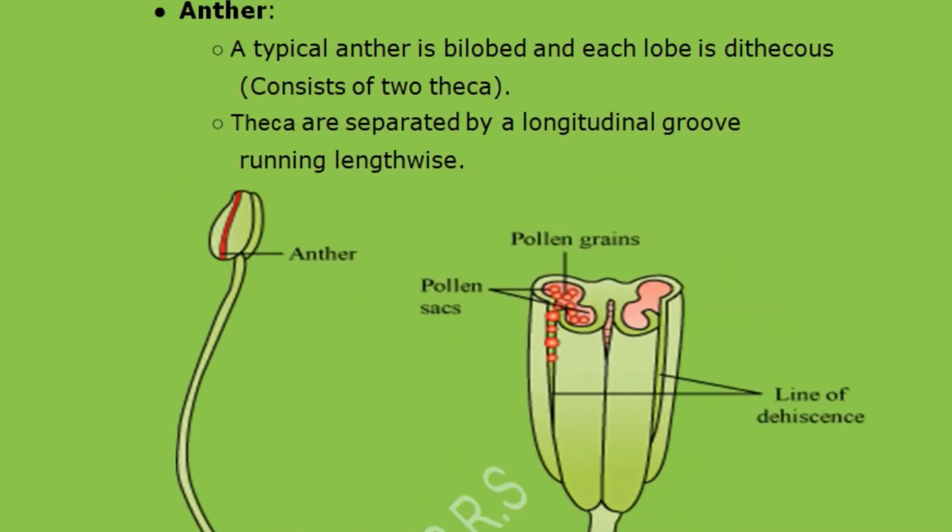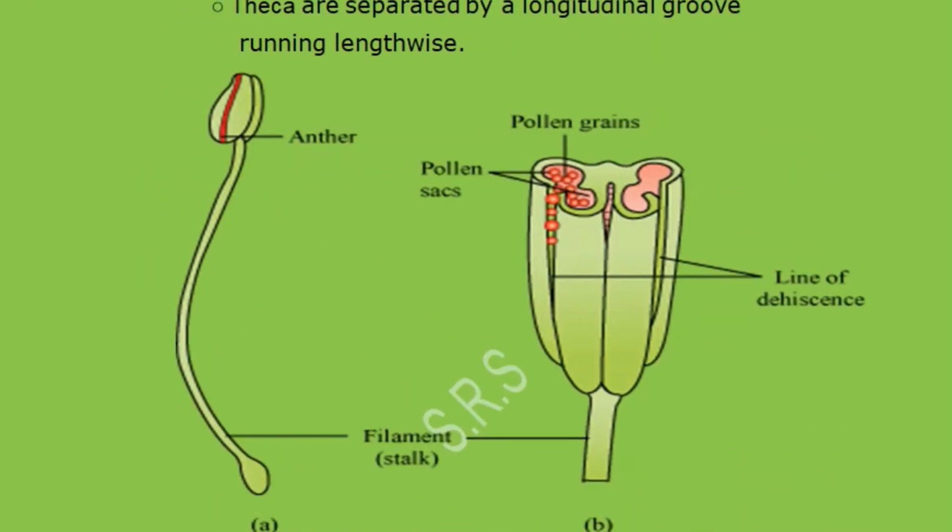Here I will show you one picture. There you can see the structure of the stamen. This is the anther and this is the filament or stalk. I told you the anther is bilobed. So what is bilobed? One, and this is the second. So this is called a bilobed structure.